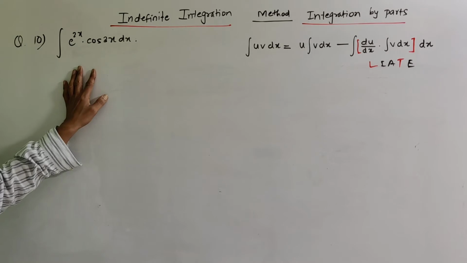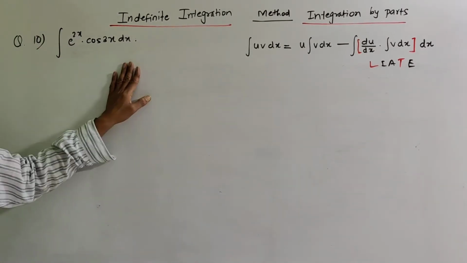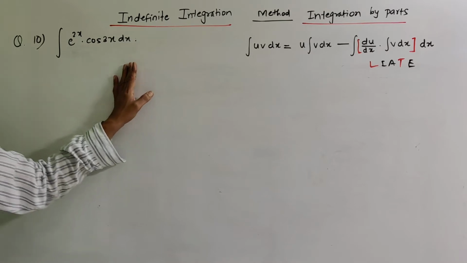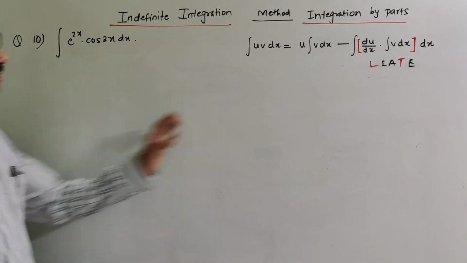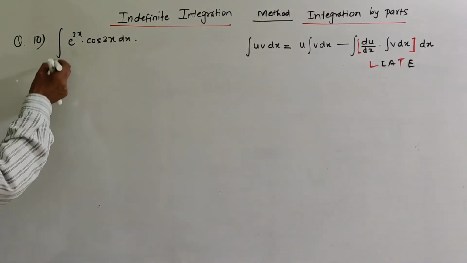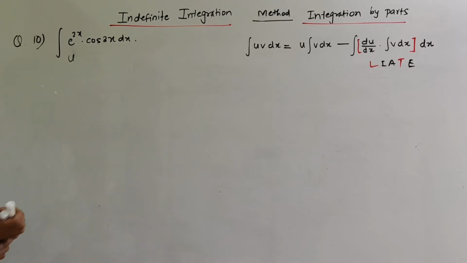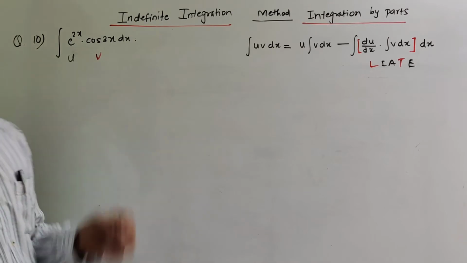In such particular integrals you can choose any function, exponential or trigonometric, as the u function and the other as the v function. So according to this, exponential should be the second function v, but suppose we take this as u and this as v, and integrate it by parts.